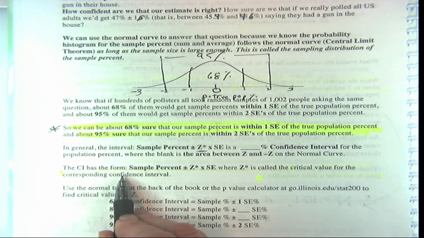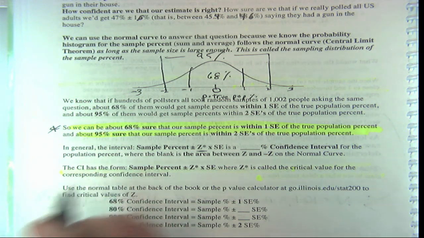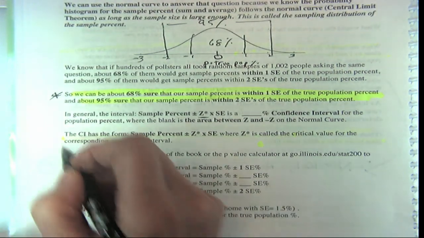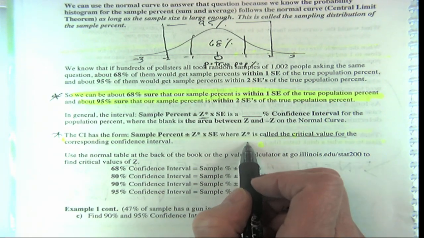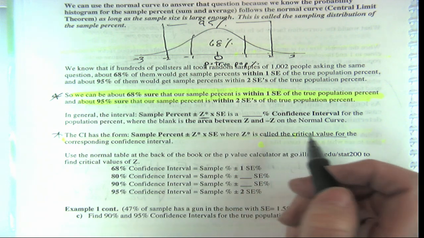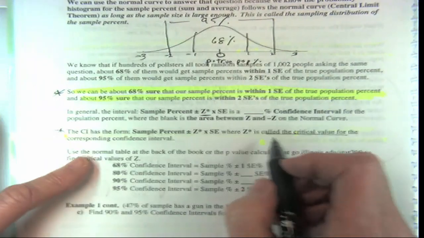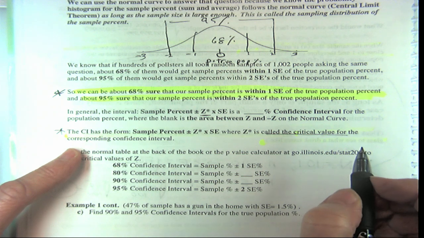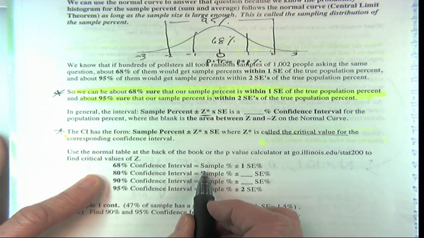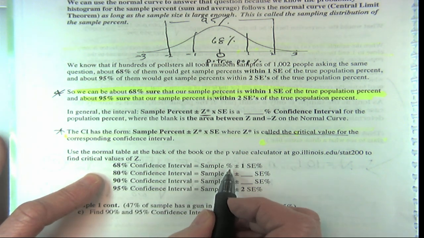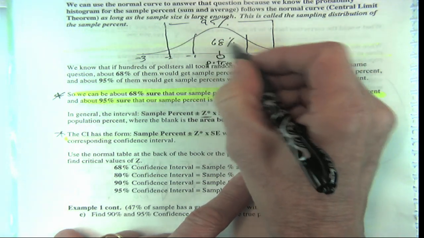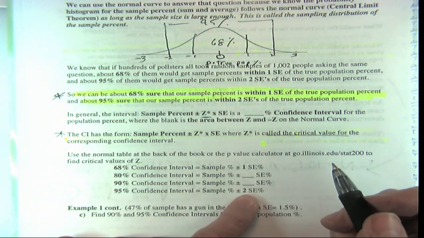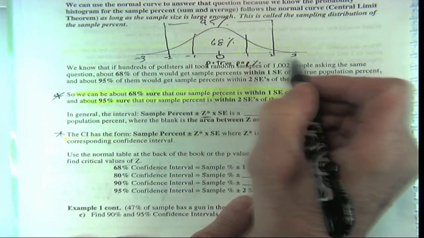So let's do an example. A 68% confidence interval is the sample percent plus or minus the critical value, where 1 is the critical value for 68% confidence, and 2 is the critical value for 95%.